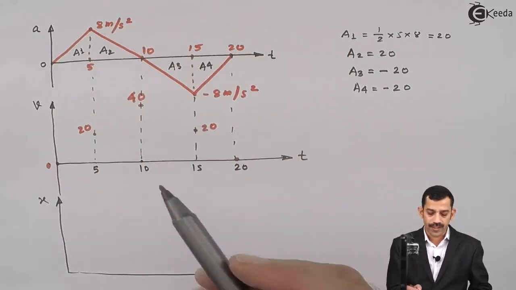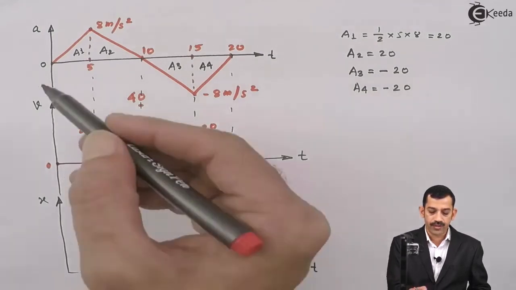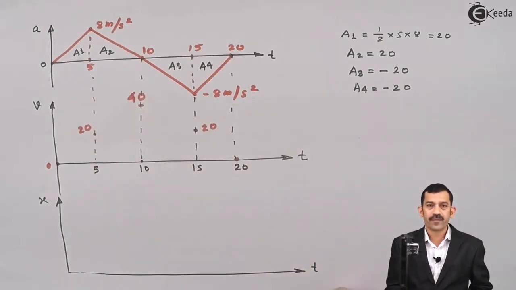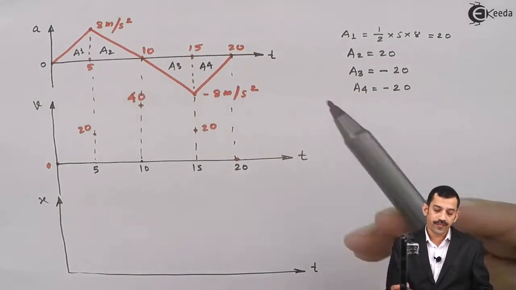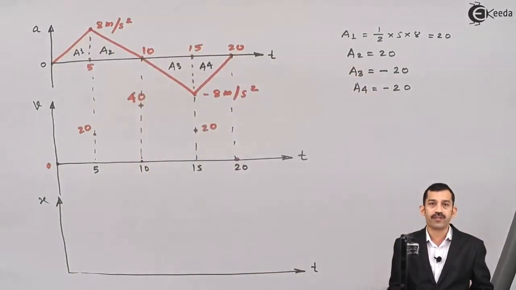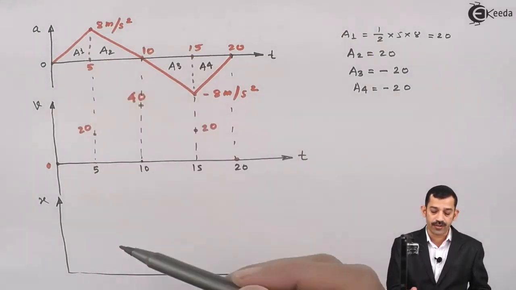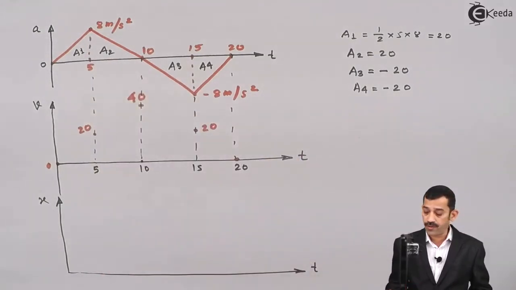From 0 to 5 seconds, if you want to join these two locations by a curve, you have to check what is the nature of the AT diagram. In the AT diagram, what is given? Acceleration is increasing from 0 to 8. That means acceleration is increasing in positive direction. As acceleration is increasing in positive direction, the slope of the VT curve must increase in positive direction.